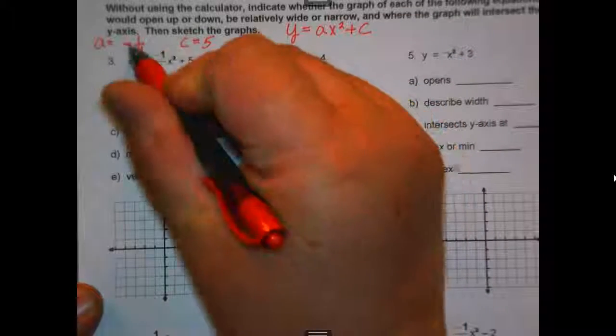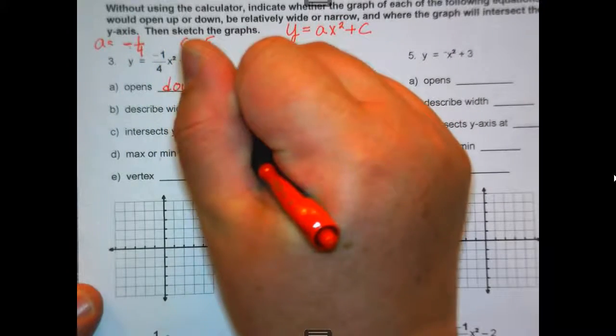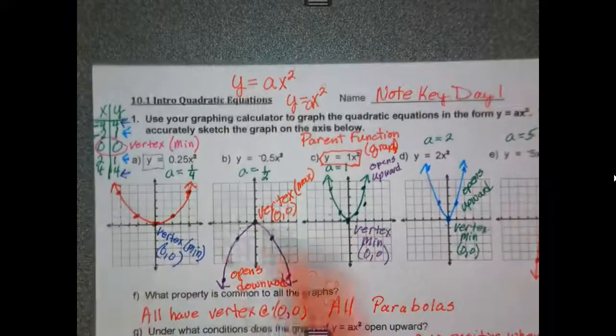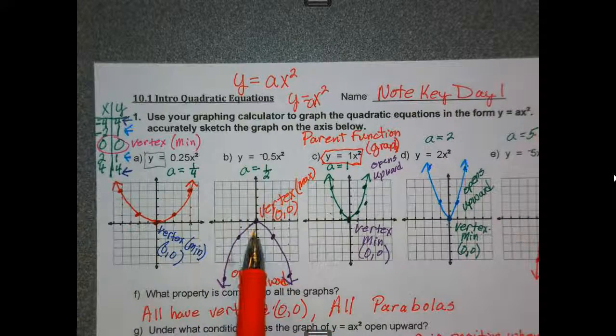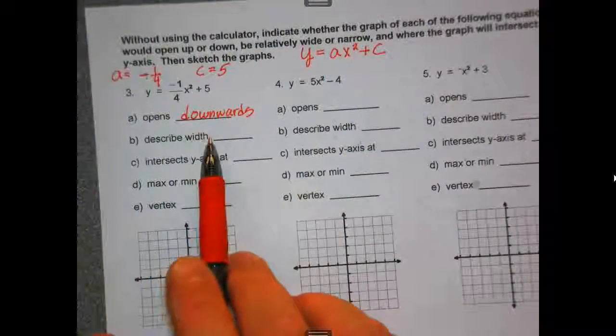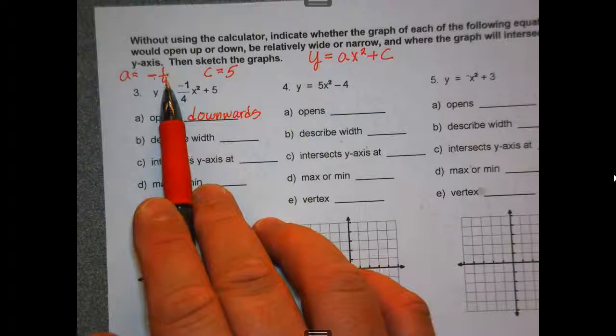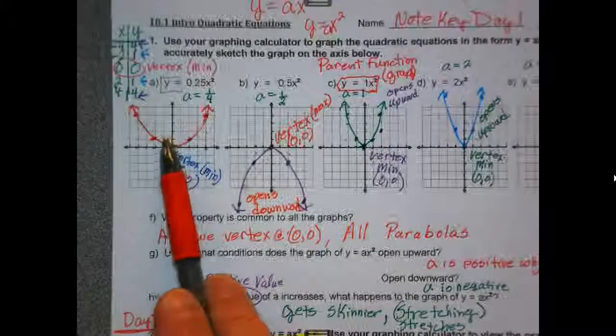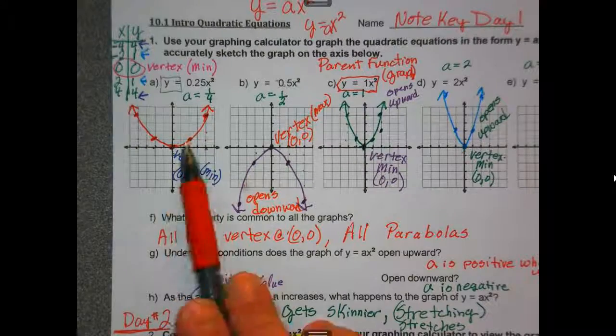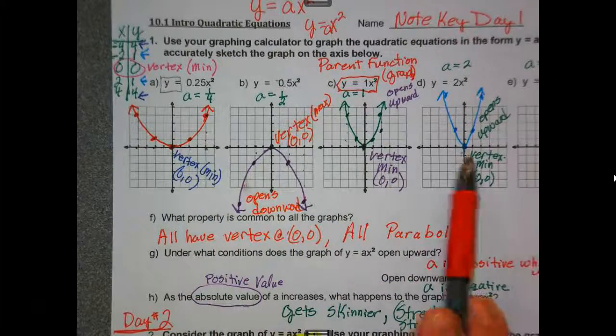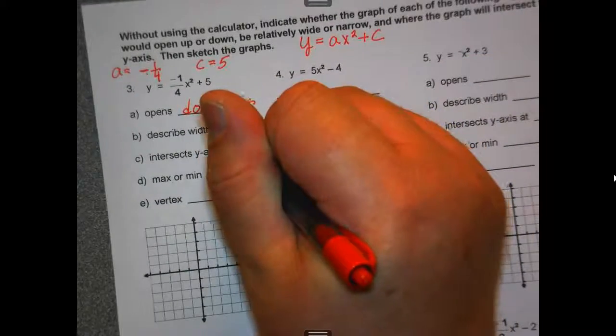Downwards, because of the negative sign. Remember, when we were doing this on the other side, the negative sign opened it downwards. Now, describe the width. We're not worried about the negative sign anymore. We're worried about this number, which is 1/4. When it was 1/4 on this side, our parabola was the widest. See how these got narrower or skinnier? So the width got wider.